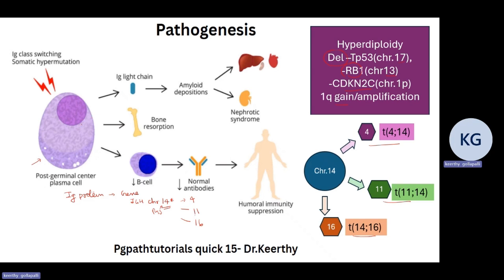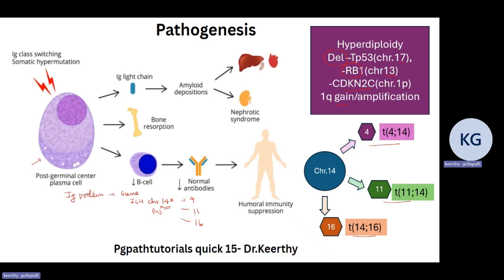Since this is having a mutation, whatever immunoglobulin it produces will be abnormal. So that's why the patient who develops plasma cell neoplasm will be more prone to infections. And this light chain, which is produced in excessive amount, will be released in the blood, right?